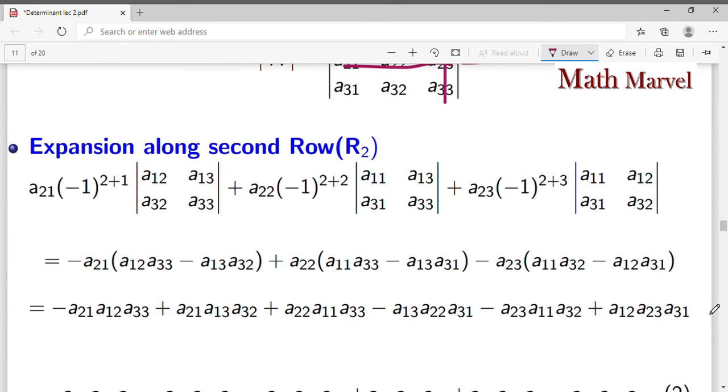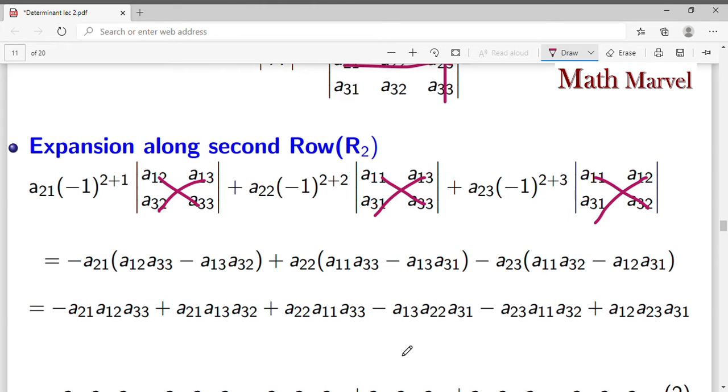Now evaluate this. A21 becomes negative in sign, times the cross multiplication a12 a33 minus a13 a32. Again positive sign, so plus a22 times a11 a33 minus a13 a31. Negative sign, so minus a23 times a11 a32 minus a12 a31.